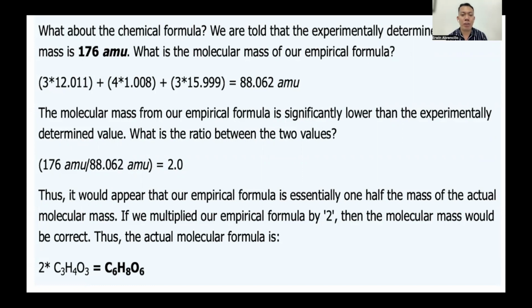So you have to use that 88.062 AMU to divide into the given 176 AMU. Then you'll get 2.0. The 2.0 will be the one used to get our molecular formula from the empirical formula.